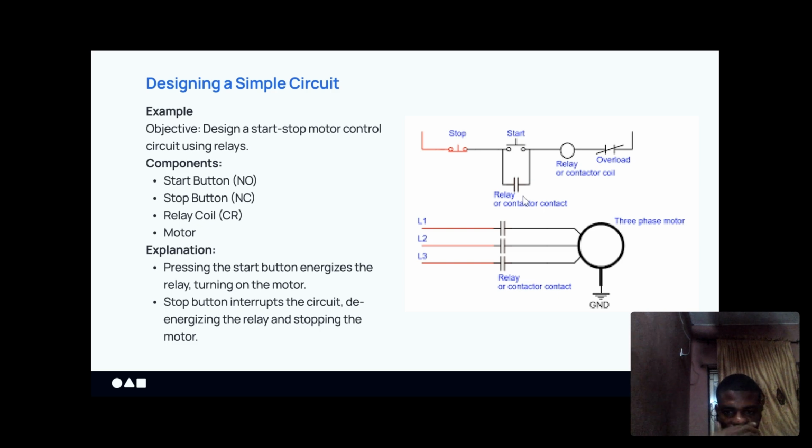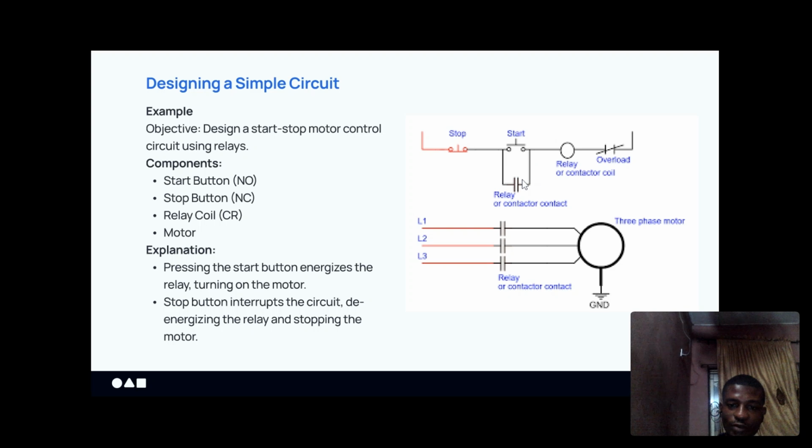This other part is a normally open contact of the contactor. It is used to perform a latching or holding function. Since we are not using a push-to-stay push button, when you press this start button, it goes back to its original position, meaning that the circuit will now be de-energized.